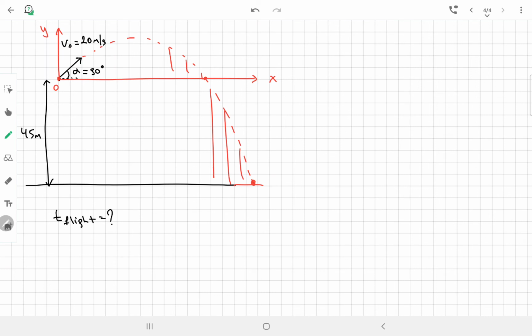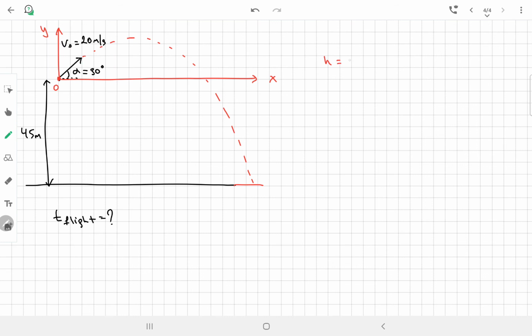So when it reaches the ground surface, height will be negative 45. So basically we need to find the time after which height will be negative 45. Why negative 45? Because it will go below the initial origin that we selected.